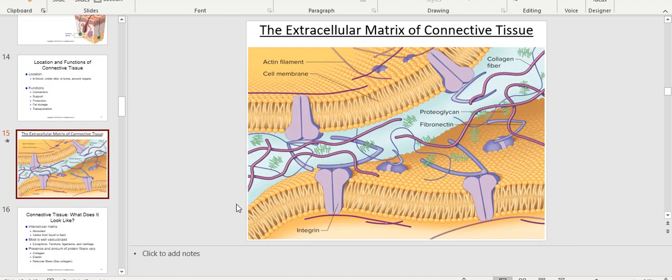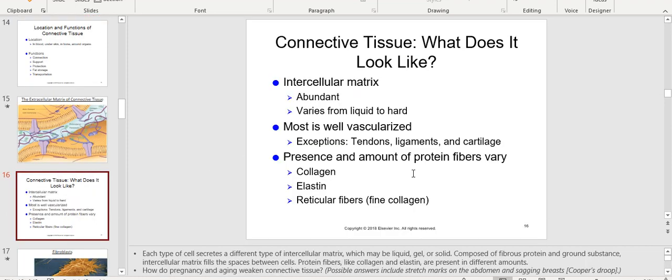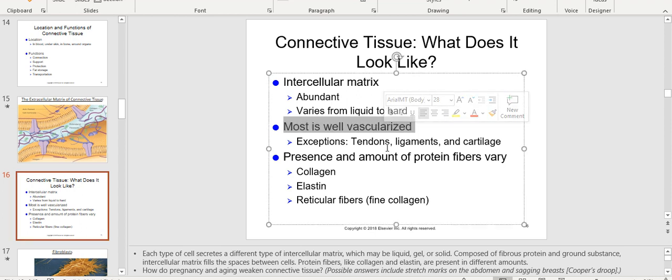Just an idea of the extracellular matrix that's going on here. You've got a lot of fibrinogen, you've got a lot of protein, and let's have a look. The extracellular matrix of connective tissue varies from liquid to hard. Most is very well vascularized.